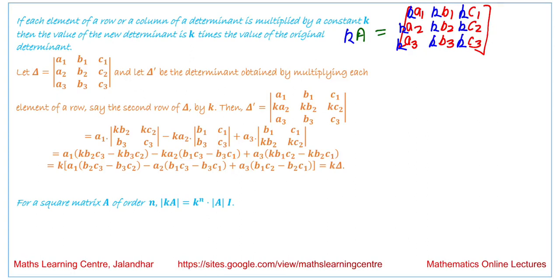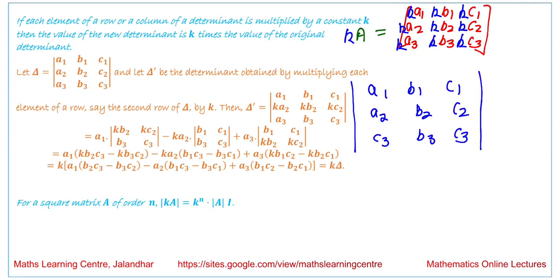Suppose we have the determinant with rows A1, B1, C1, A2, B2, C2, A3, B3, C3, and the second row is multiplied by K. If we open this determinant along the second row, first of all we write the signs, which are plus, minus, plus, minus.